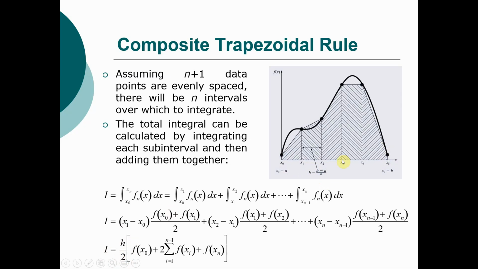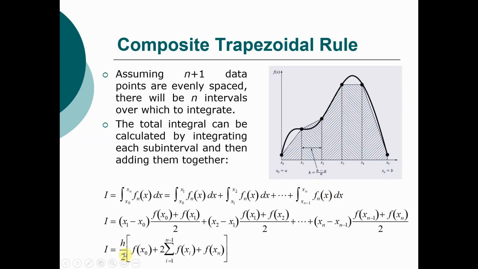It's not shown properly, but if we assume that the step size is the same for all the subintervals, the step size is basically the width of each subinterval, which is going to be b minus a over the number of subintervals that we have. If h is the same, then you can use this formula to find the summation of all these areas.